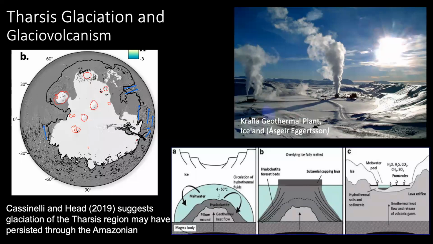eruption continues, eventually you melt a significantly large area, and you can create a hydrothermal system in the long run associated with those volcanic edifices. So the majority of the surface could still be covered with ice, but you could still have these hydrothermal systems and groundwater circulation associated with those hydrothermal systems. And so if you look at the top picture here, we have an image of the Krafla geothermal plant.